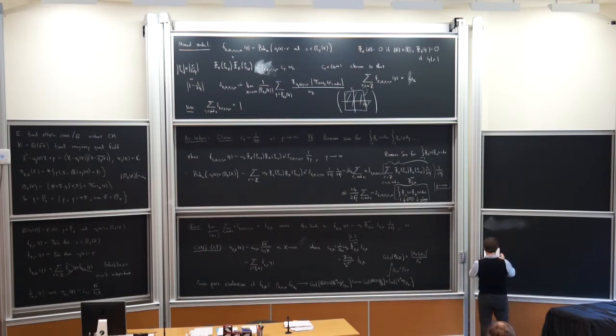Okay. So let me draw the lattice of fields over here. Okay, we have these, and then we have the intersection of these two.